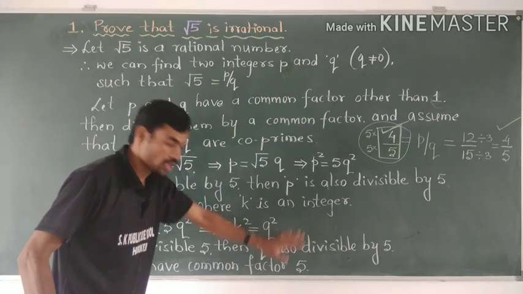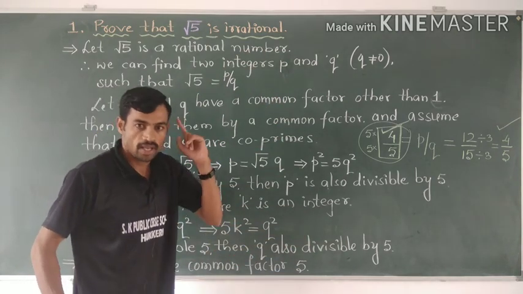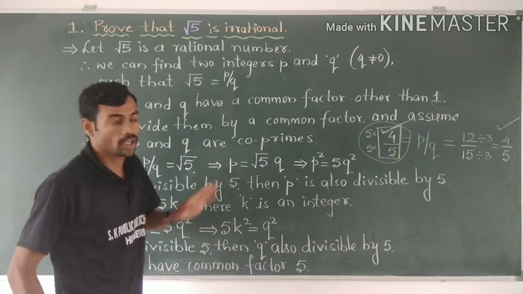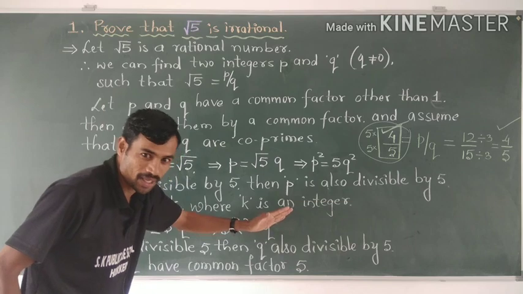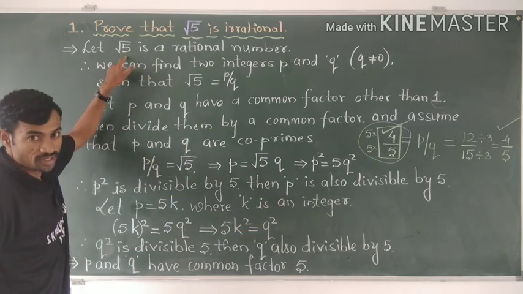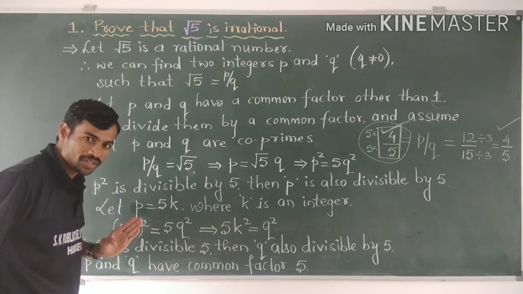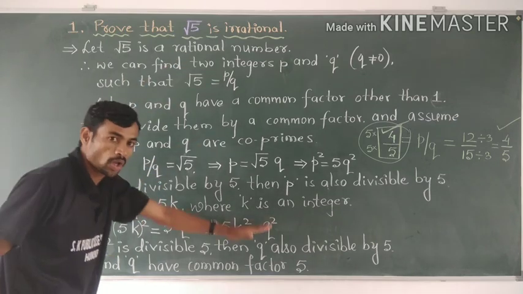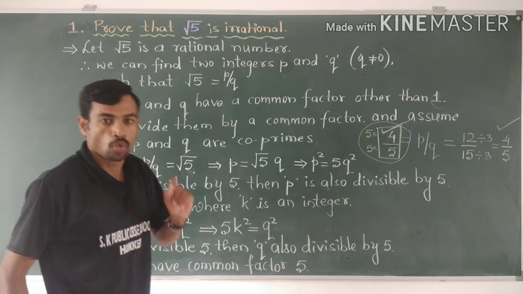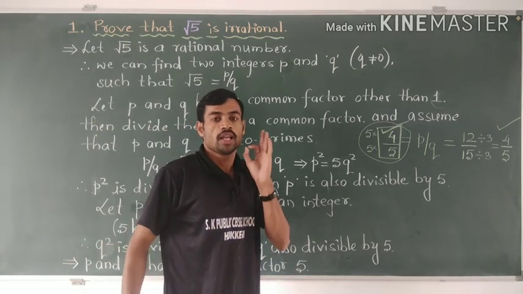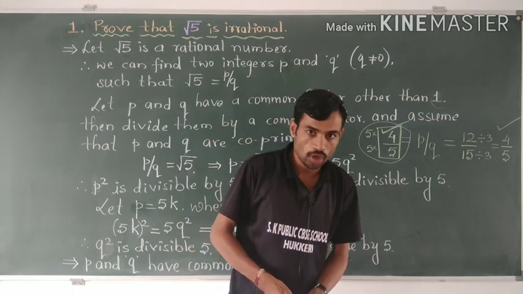So by solving all these steps, we can conclude that root 5 is not a rational number. Why? Because it does not follow all these steps. That's why root 5 is an irrational number. Clear? Have you all understood this?